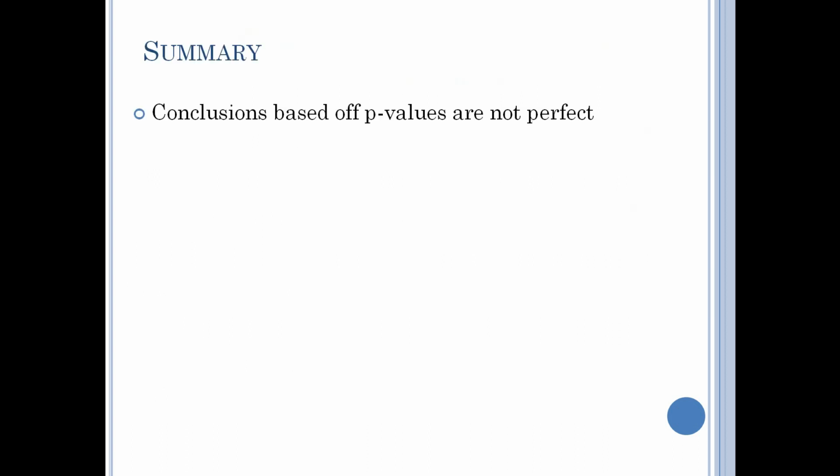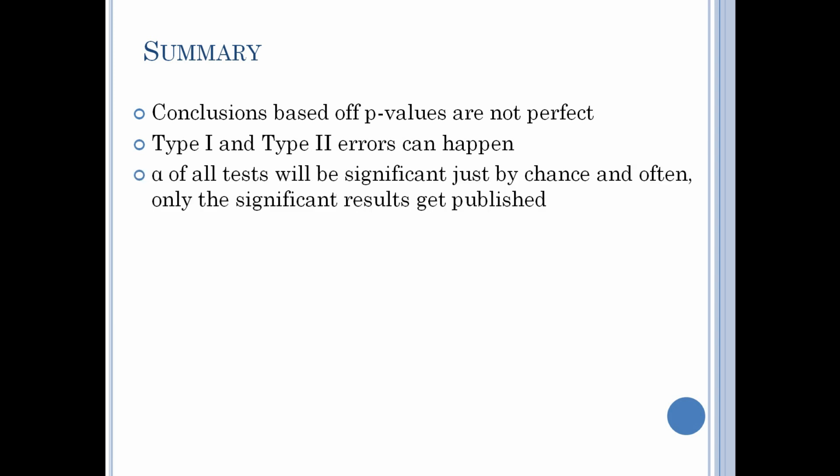So in summary, you need to remember that even though using the p-value is great, however, it is not perfect. You will end up making type 1 or type 2 errors, and you can avoid that using the right alpha. So you want to use a correct alpha, and again, it depends on the consequences that you are looking for.